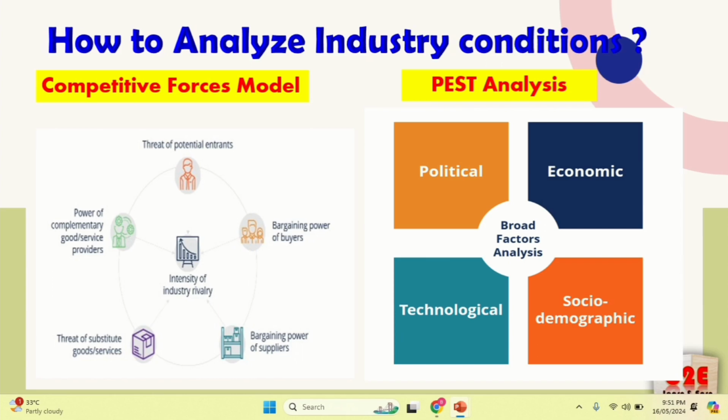And technology. Based on technology advancement, the respective industry will boom or not, and will adopt that technology or not. All those things you need to analyze. Socio-demographic is related to age.